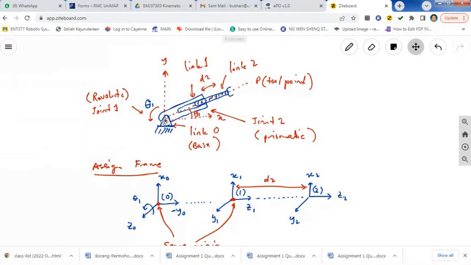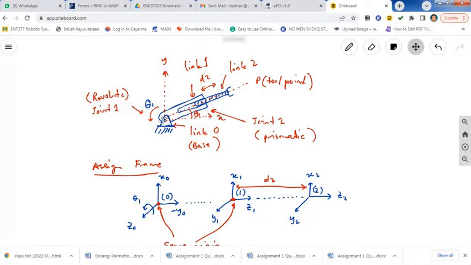So this is z, perpendicular to the screen, and the changing is on your x and y axis. Once you rotate your z, the changing is on x and y. This is joint 1, revolute. This is joint 2, prismatic.